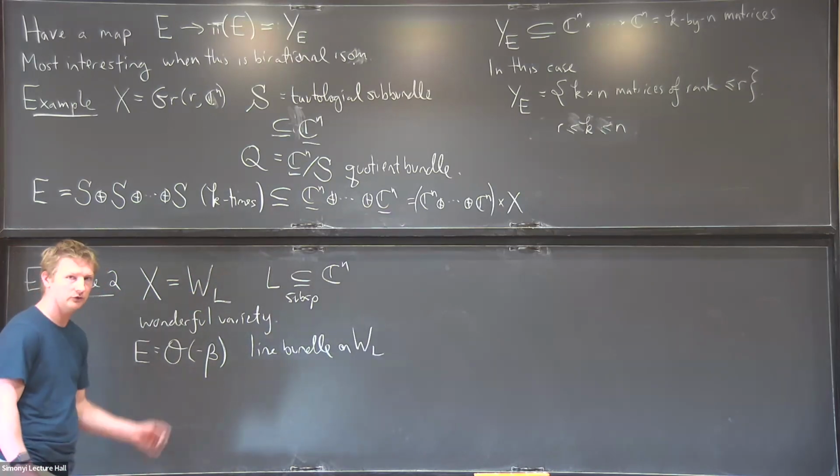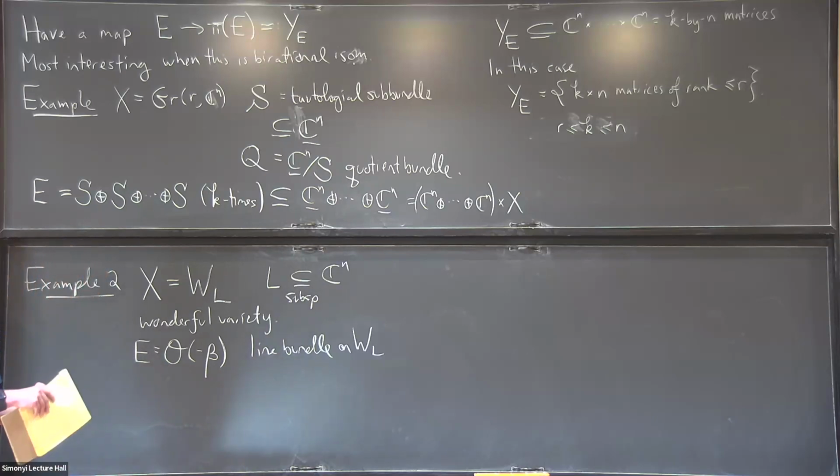And this line bundle is going to occur by pulling back one of the line bundles on one of the projective spaces.